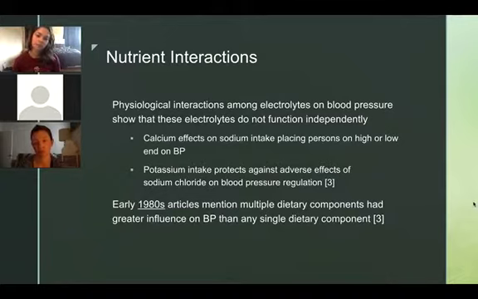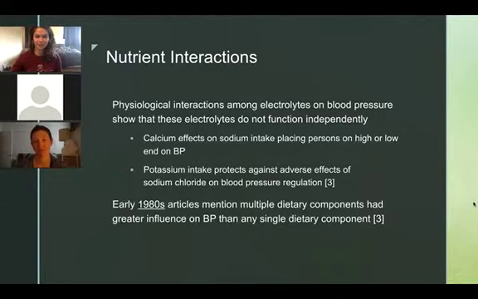And then with the potassium, as I just said, if you're restricting that, then you're going to have salt sensitivity, because potassium and sodium basically balance each other out. You can't have too much of one and none of the other.